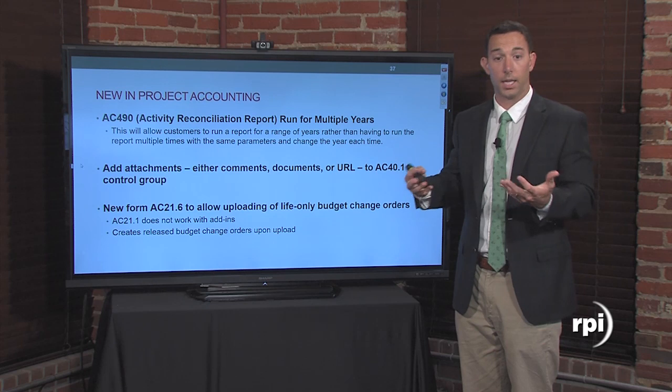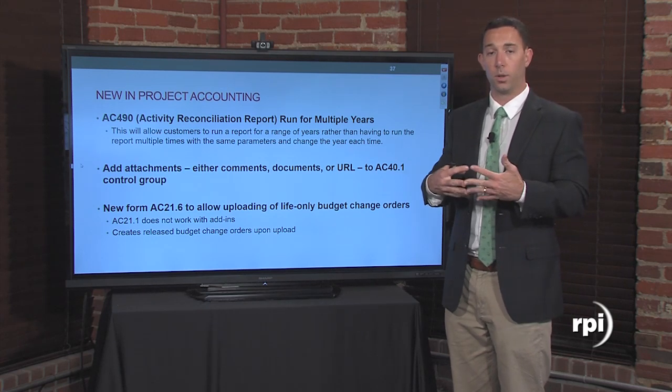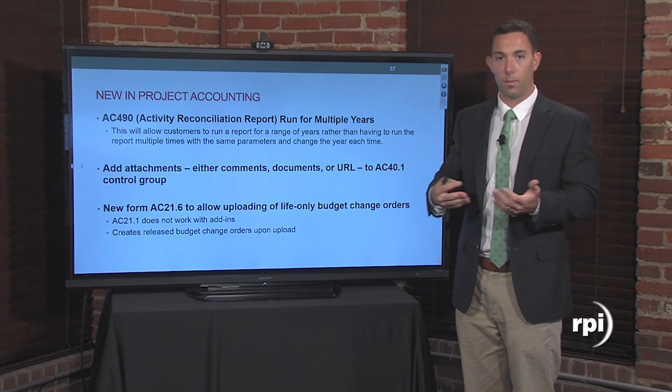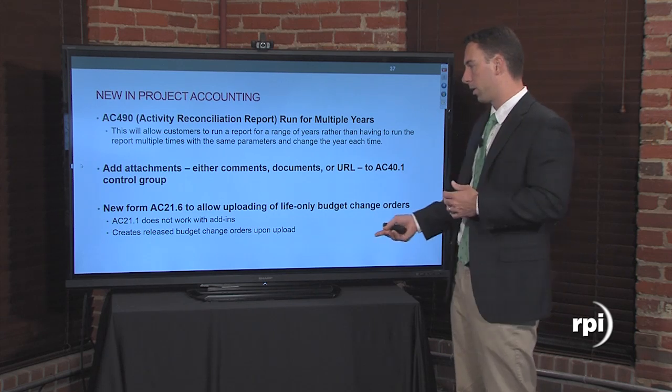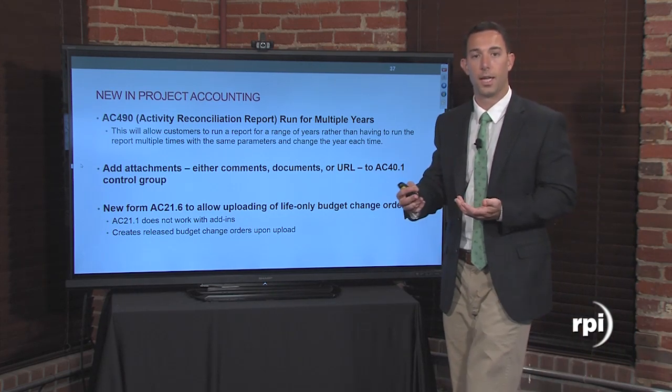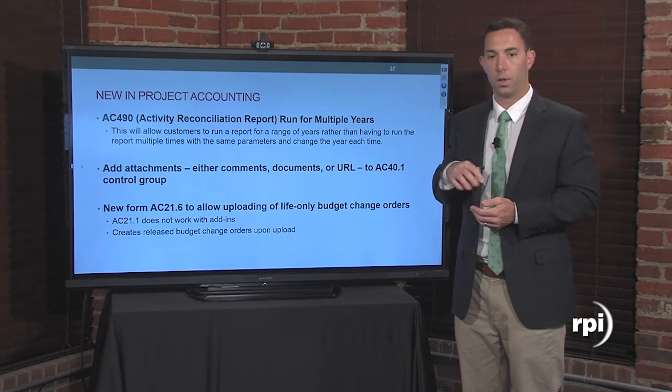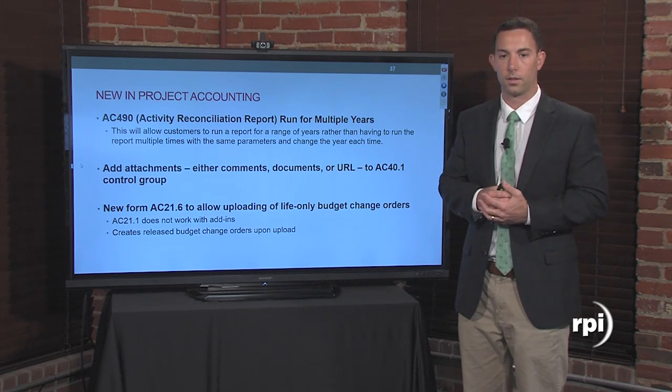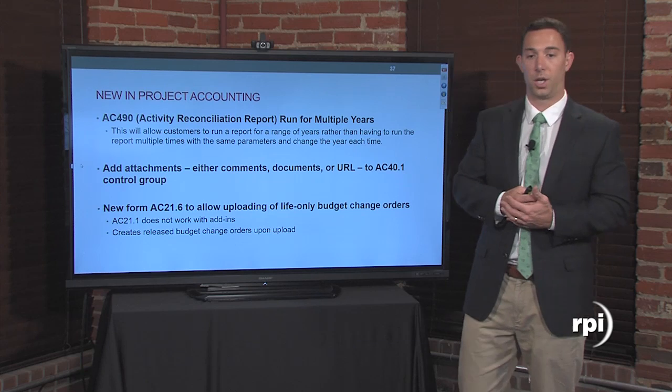So it made it impossible to actually use the add-ins upload wizard to do that type of upload. So Infor has created a new form, AC21.6, to essentially allow you to do that same thing. You can upload directly to AC21.6 for life-only budget change orders.